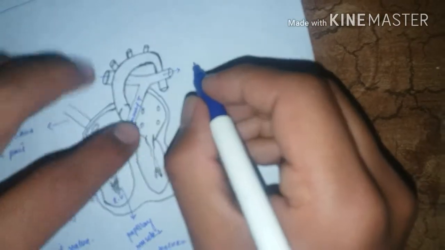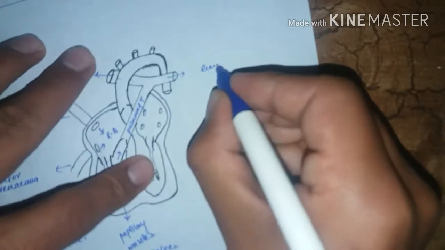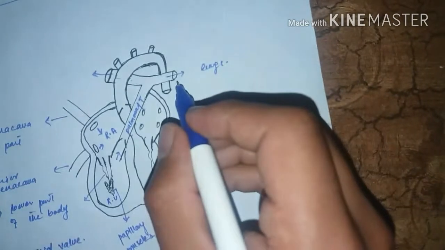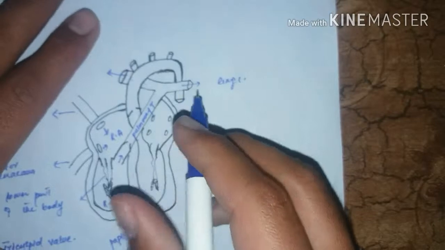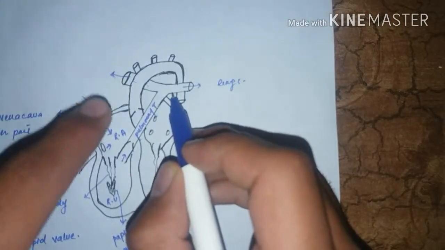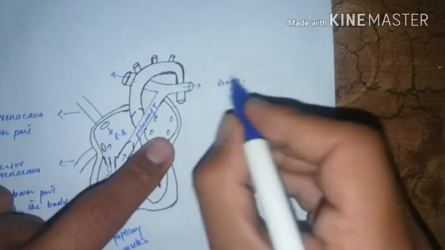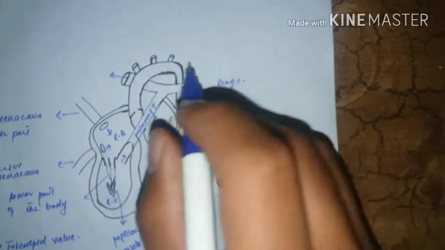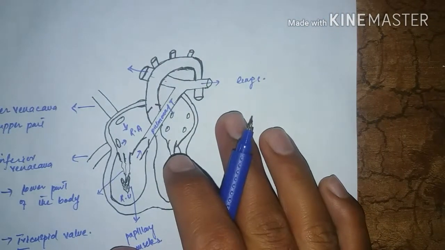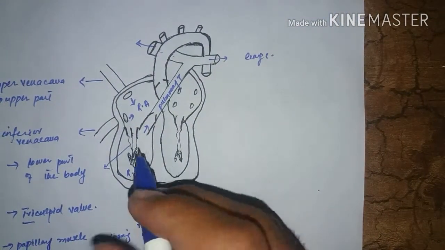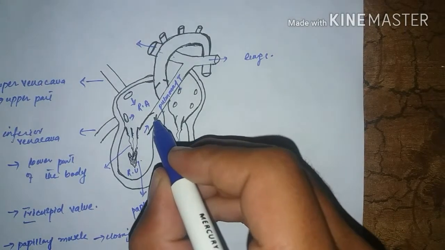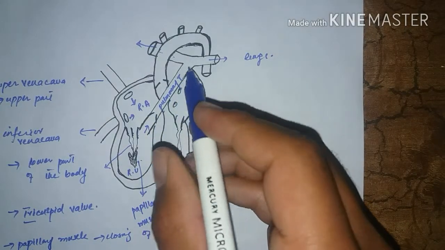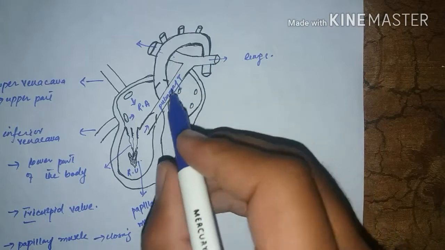These are connected with the lungs for the oxygenation of the blood. These are pulmonary arteries which send blood to the lungs, right lung and the left lung, for the oxygenation purpose. From right ventricle, the blood goes to the pulmonary trunk, from pulmonary trunk to the pulmonary arteries.